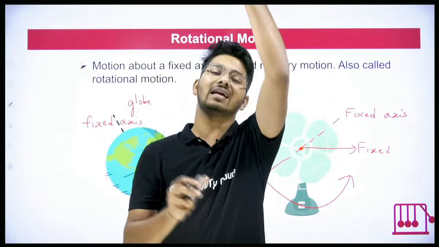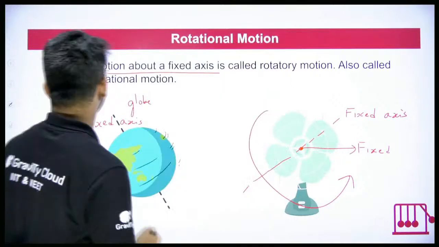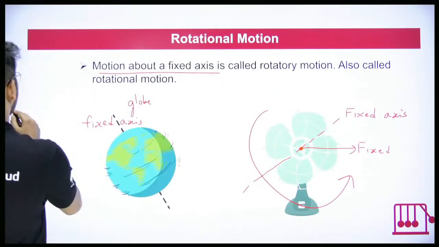Clear? So that's what we talk about when we talk about rotational motion: motion about a fixed axis. If you have a fixed axis, it is rotational or rotatory motion. We have many such examples, but always look for the fixed axis. When you get the fixed axis, it means it is rotational motion.